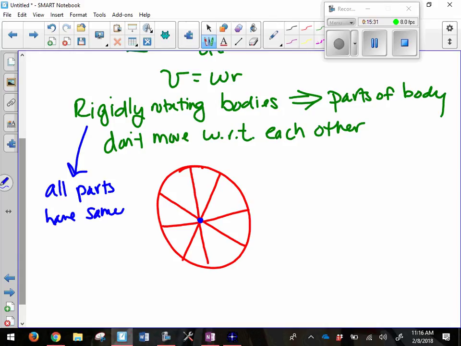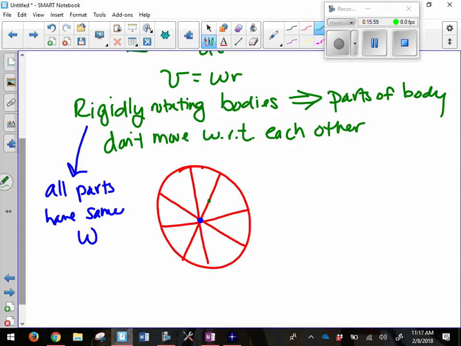What kind of velocity? Omega. Okay. I am so happy that my class is waking up and engaging. So every part on here has the same omega. Takes the same amount of time for every part.